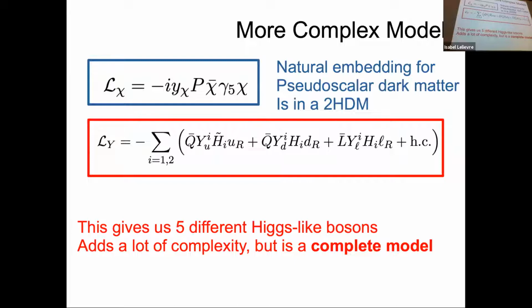There are 2HDM models that are excluded. This one is actually a 2HDM plus the pseudoscalar that decays to dark matter. I'm not sure which model you refer to, but for sure this one is not excluded. There are a lot of regions of phase space where it is excluded, but it's not completely excluded. There are too many parameters here.